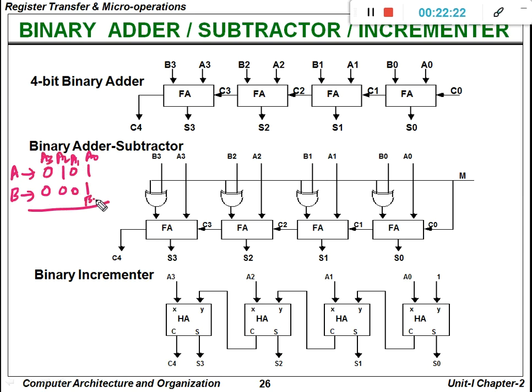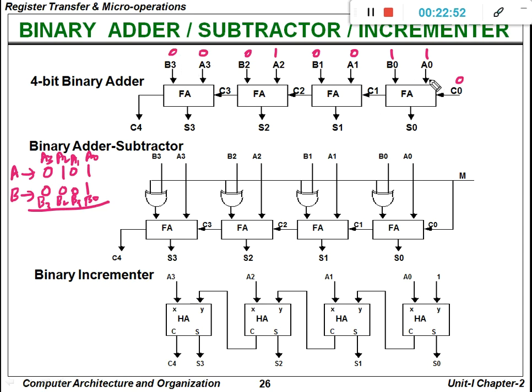These values are B0, B1, B2, B3. Is there any previous carry? There is no previous carry, so previous carry is 0. A0, B0 values are 1, 1. A1, B1 values 0, 0. A2, B2 values 1, 0. A3, B3 values 0, 0.